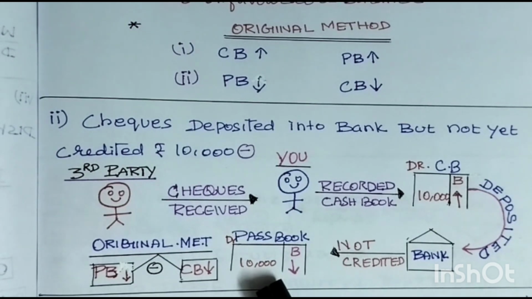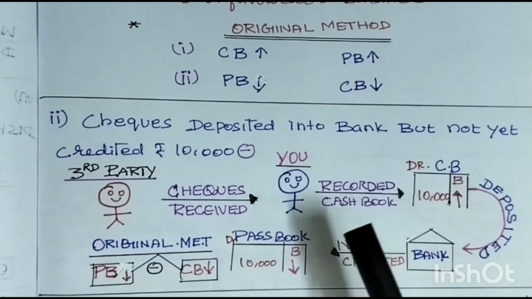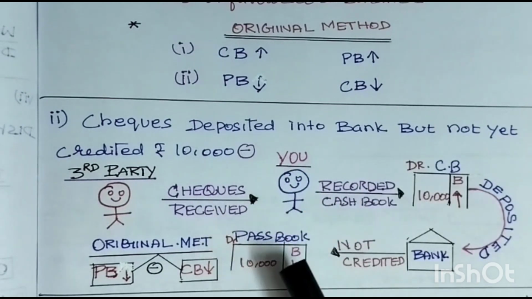Are you clear? So the deposited cheque was not cleared. It takes time to clear it. Only after clearance of the cheque will it be credited. So your cheque is not yet credited.